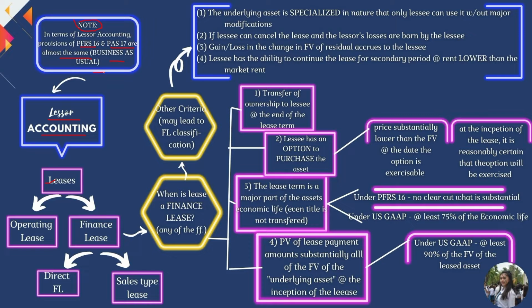Okay? So, that is clear. Again, there's no big difference between PFRS 16 and PAS 17, the old provision, in terms of lessor accounting, unlike lease under lessee. So I guess that's clear.